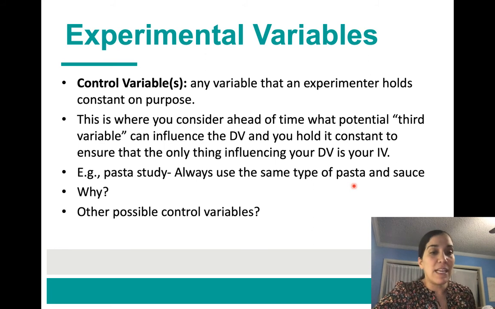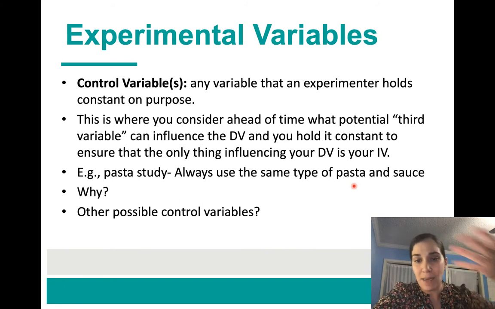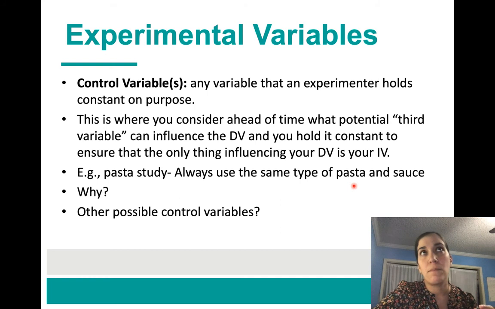We want to see if bowl size impacts how much pasta you eat. What else other than bowl size could impact how much pasta you eat? Just think for a second. Could it be maybe the type of pasta? Maybe penne is better than fettuccine.